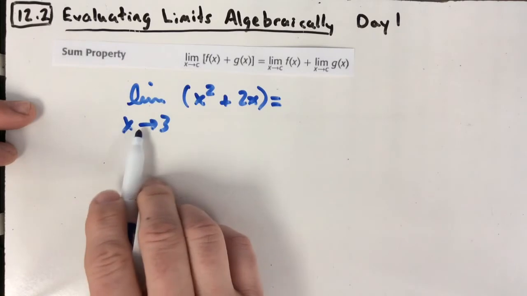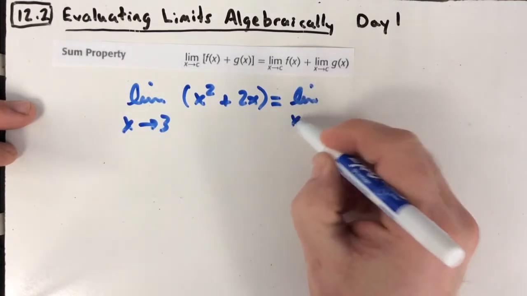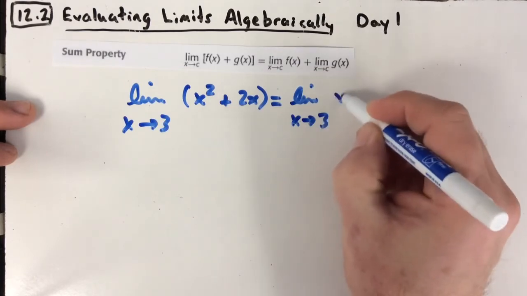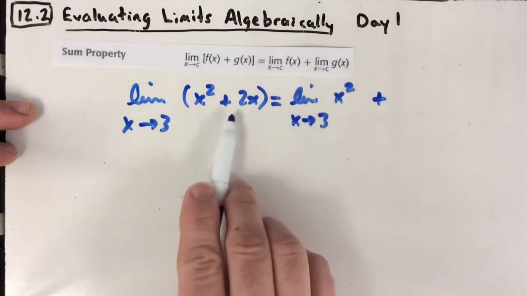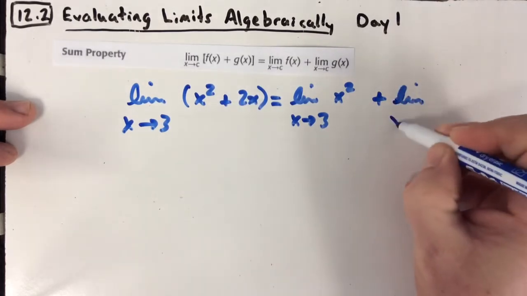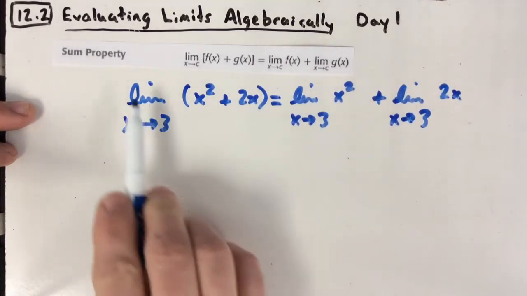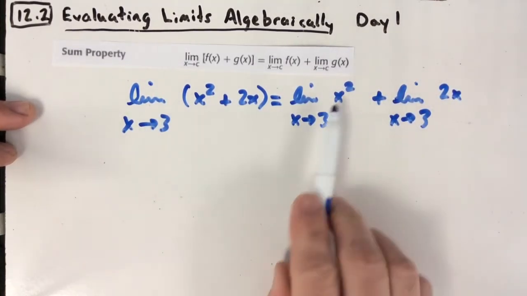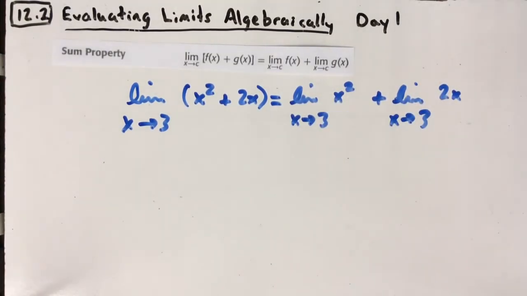So it's going to be the limit as x approaches 3 of this first part, plus another limit, the limit as x approaches 3 of the second part, which is the 2x. So we had a limit of 2 things being added together. Now we have a limit plus another limit. We've divided that up into 2 parts.